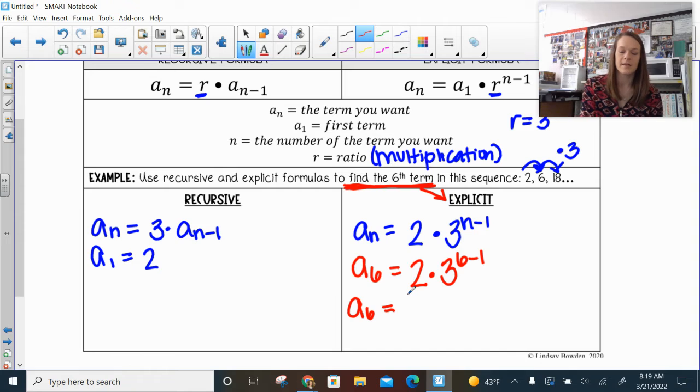Okay, and then that's 2 times 3 to the 5th power. And then you may put that in your calculator, and it'll tell you that 6th term, which is 486.